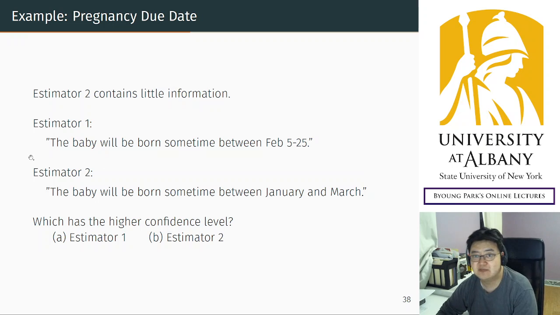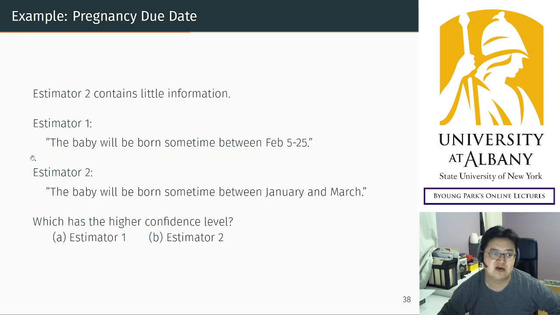Because, for example, if the baby is born on February 4th, then estimator 1 is wrong, but estimator 2 is correct. Say if the baby is born in January, 2 is correct, but 1 is wrong. So you see the problem. Obviously, the first estimator is more informative.